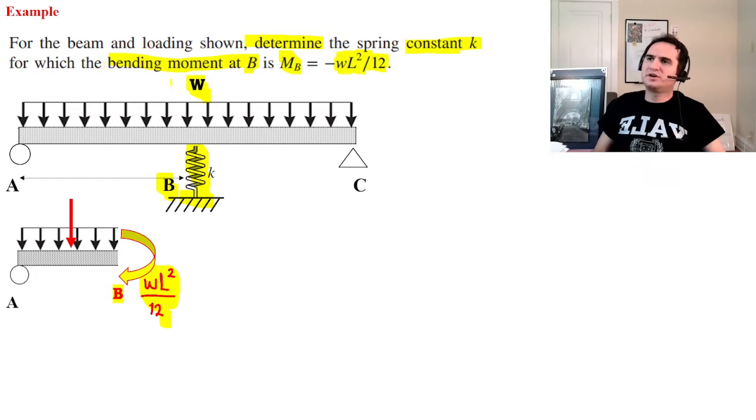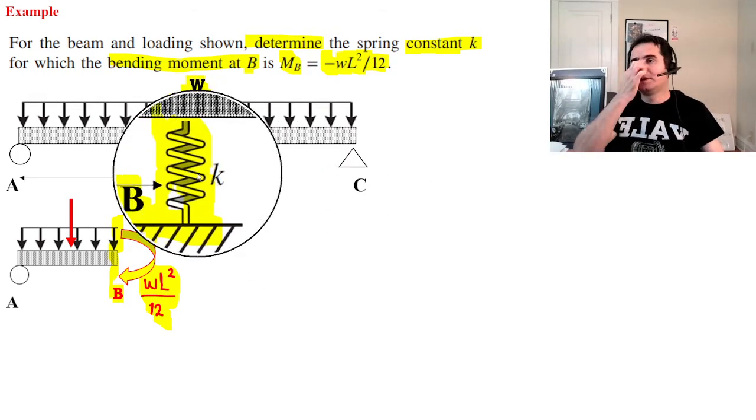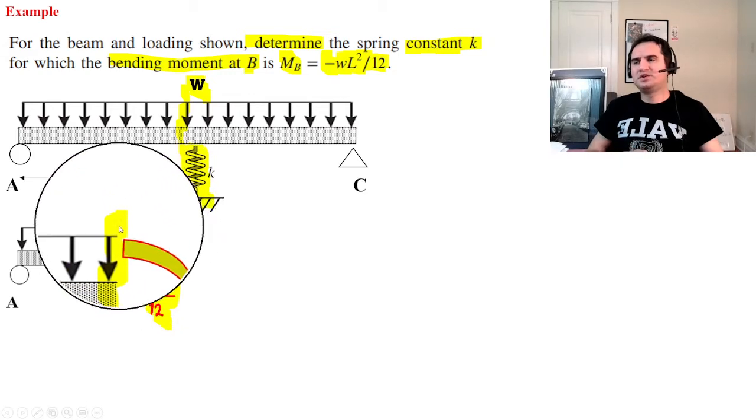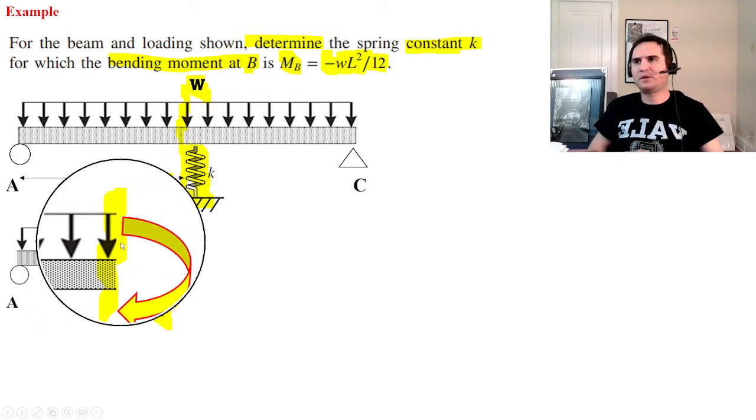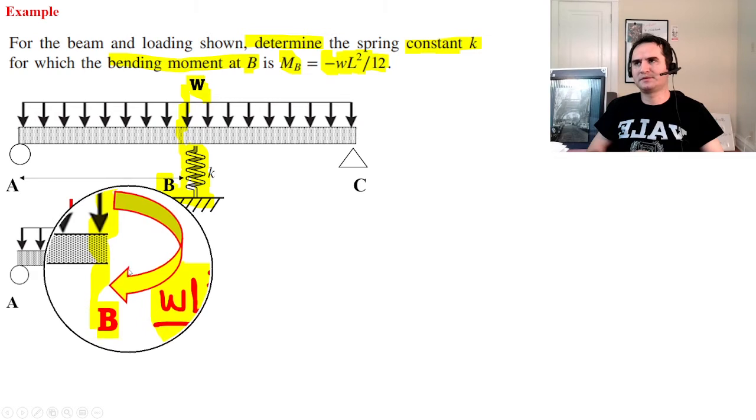So if we cut the beam at the center, at point B, we want a negative moment of WL squared over 12. By negative we mean a moment which pulls the top and pushes the bottom.